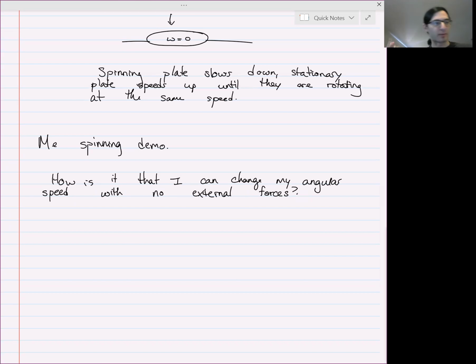So what makes what I just did different from a translational system, where you just have translational motion, is that the angular momentum of a system can change without any external forces or any external influences.